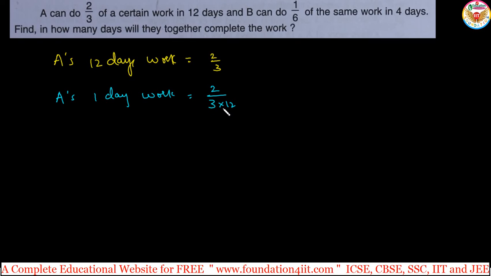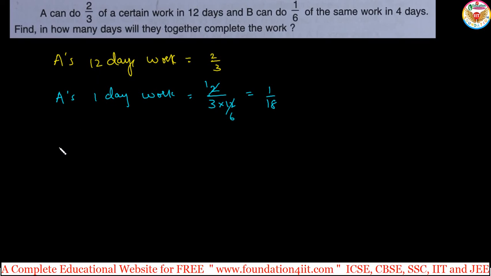Simplifying, 2 ones are 2, 6. So 1 by 18 is A's 1 day's work. In 12 days he can do 2 by 3, so in 1 day, 2 by 3 divided by 12 is 1 by 18.